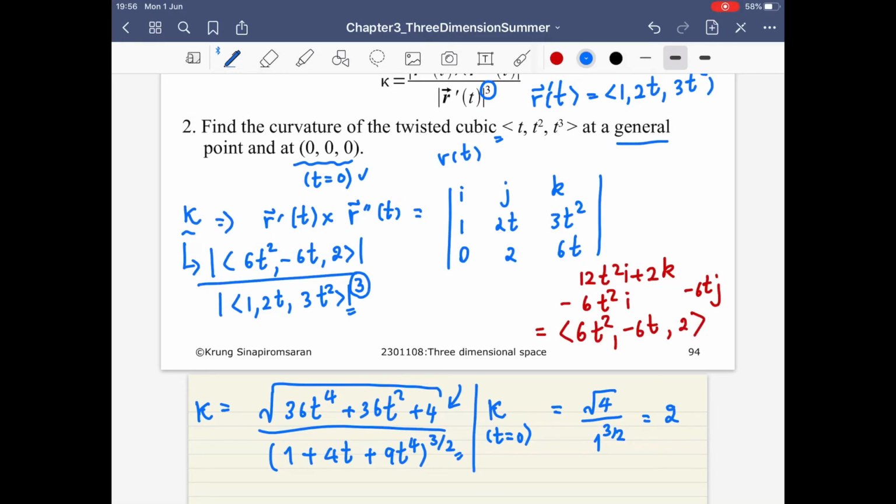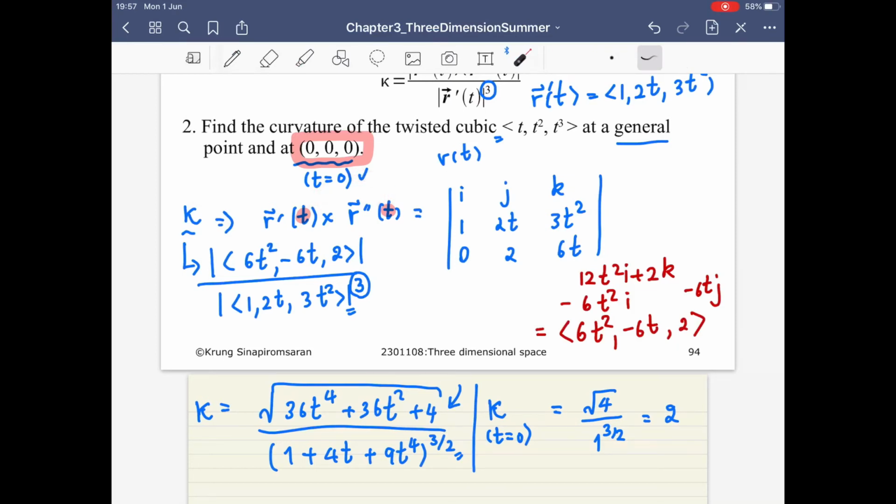Okay. However, in practice, usually you are going to find a curvature at a particular point. Usually you do it like this. So what we really find is the r prime cross r double prime at this particular point 0.